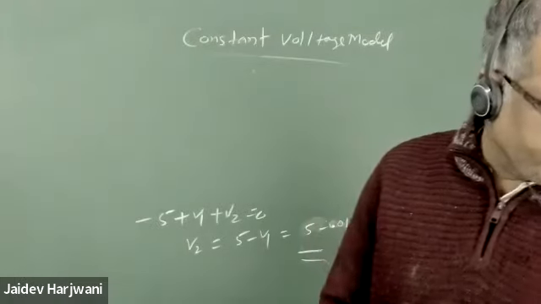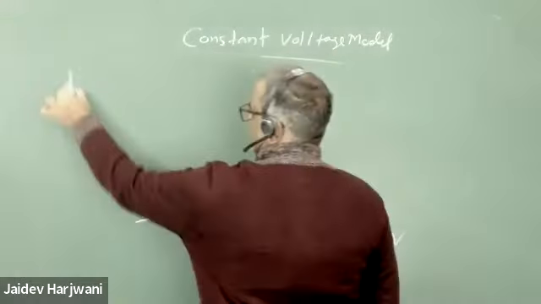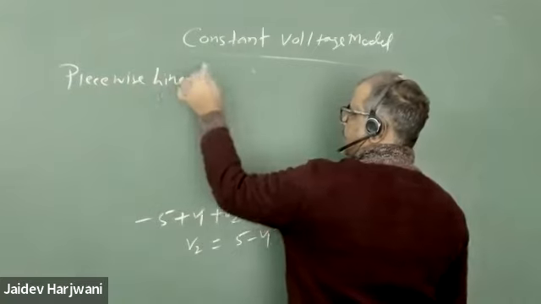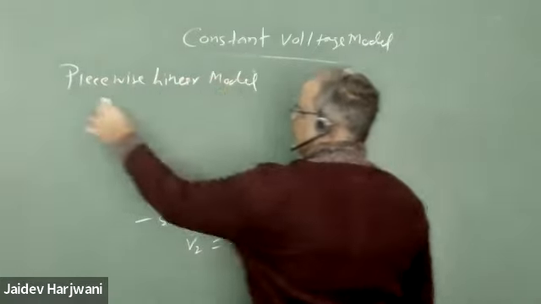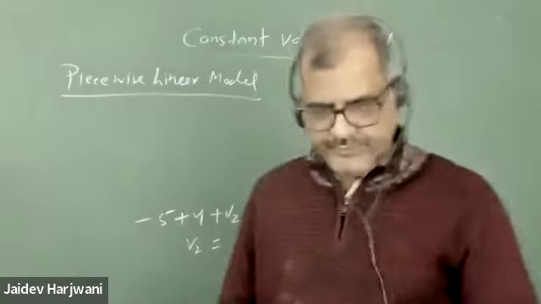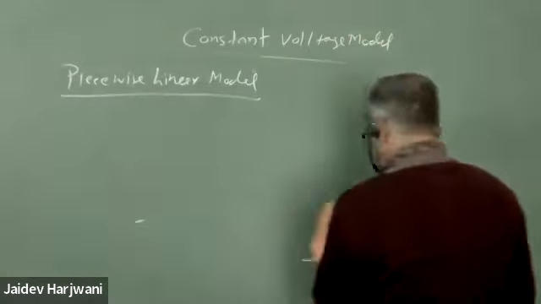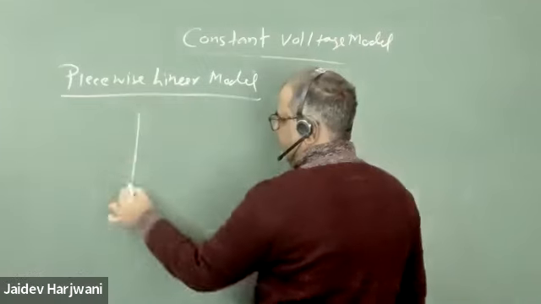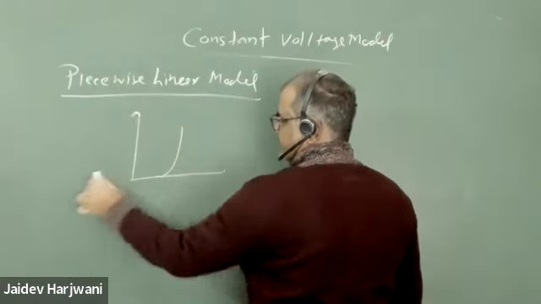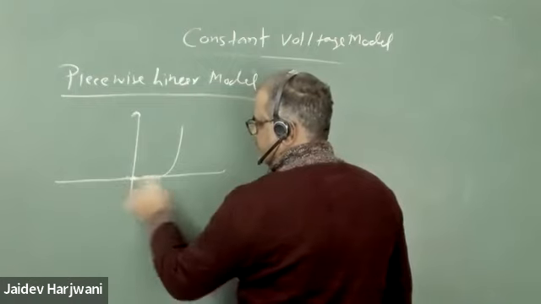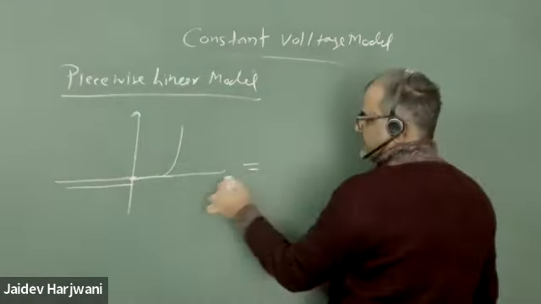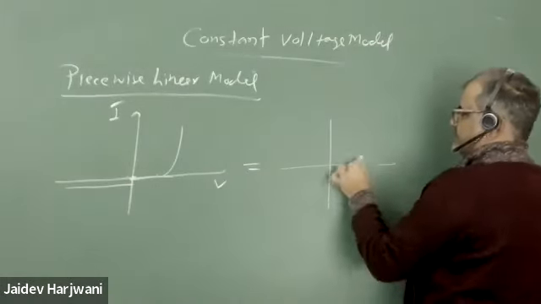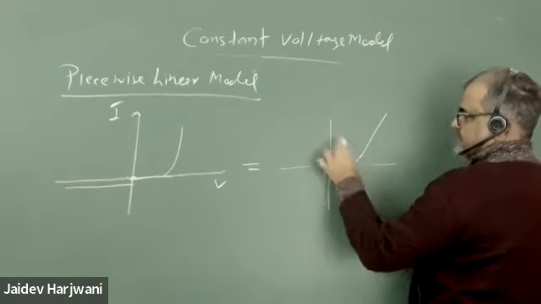So now the next model is the piecewise linear model. Piecewise linear model says that this is the actual IV characteristic, and you replace it by somewhat this type of IV characteristic.